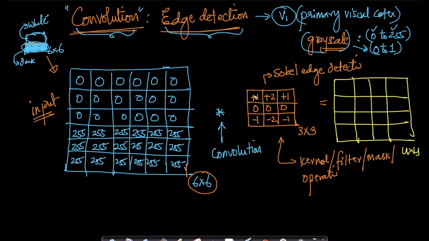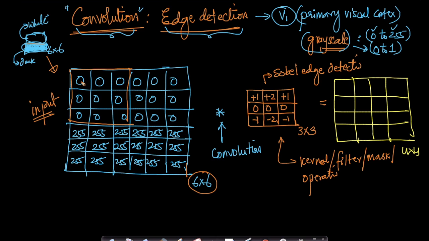So first, this is my orange matrix, this is my kernel matrix or my filter, this is my input image. I'll first place this 3 by 3 matrix on top of this input image. So I'm placing it here like this. So here I have a value of 0. Here I have a value of +1.